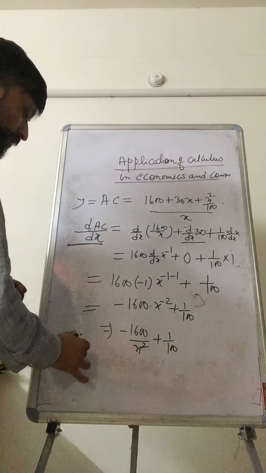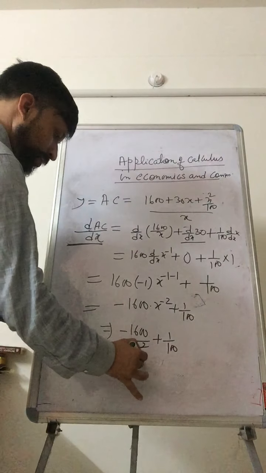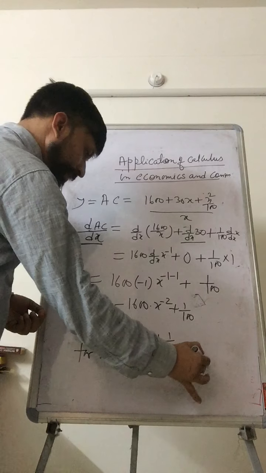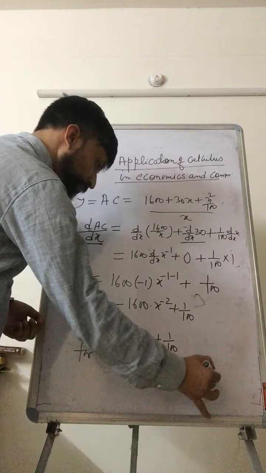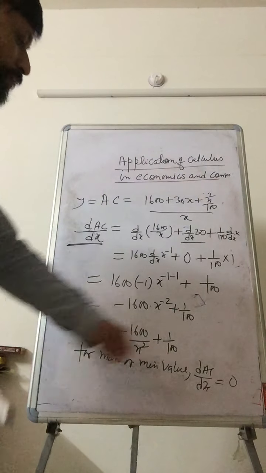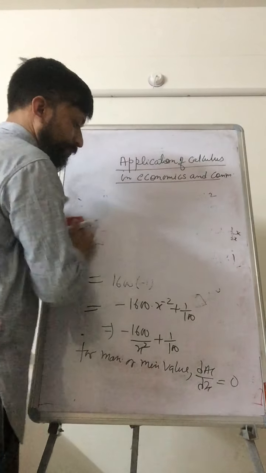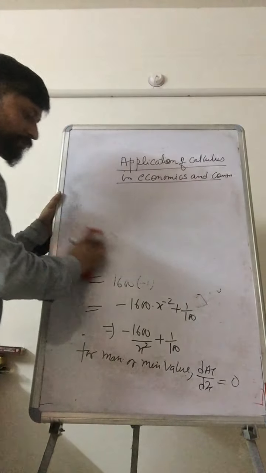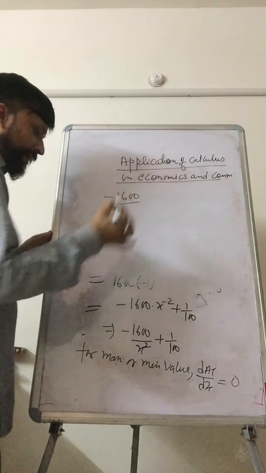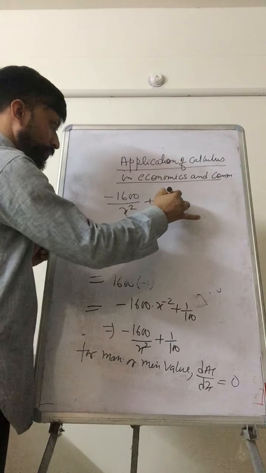So we will write first, for maximum or minimum value, dAC by dx must be equal to 0. Now we will compare this with 0: minus 1600 by x square plus 1 by 100 equal to 0.